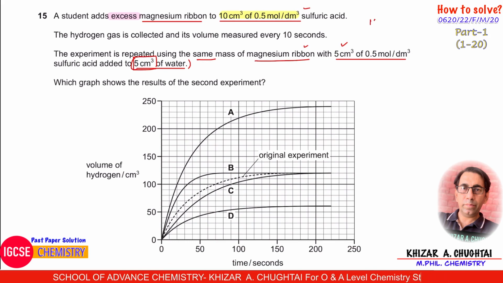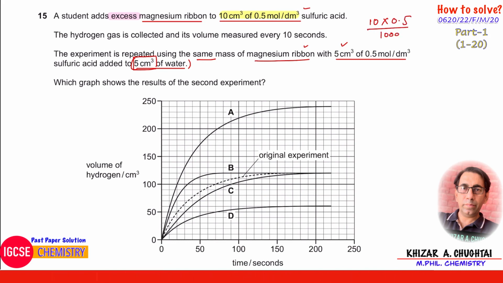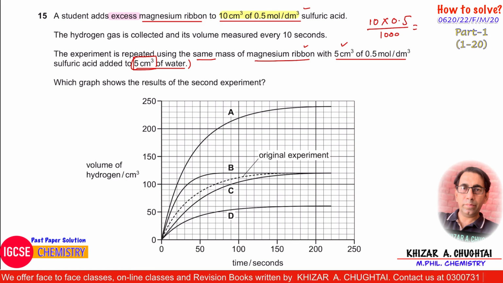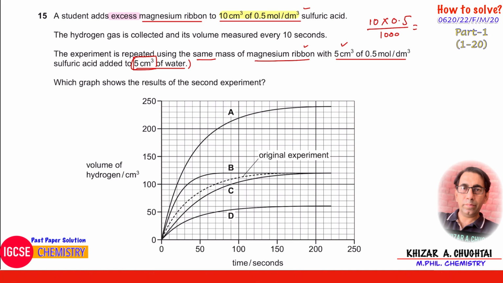10 multiplied by 0.5 divided by 1000. That is equal to the moles of sulfuric acid used in this experiment. Let me calculate first. 10 multiplied by 0.5 divided by 1000 is equal to 0.005.